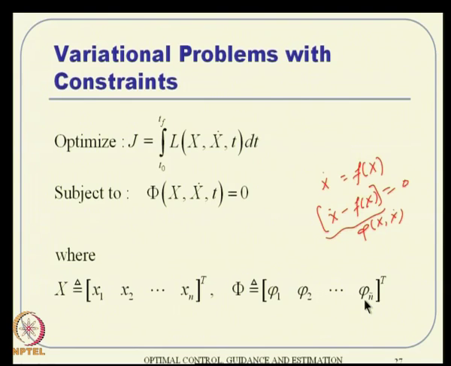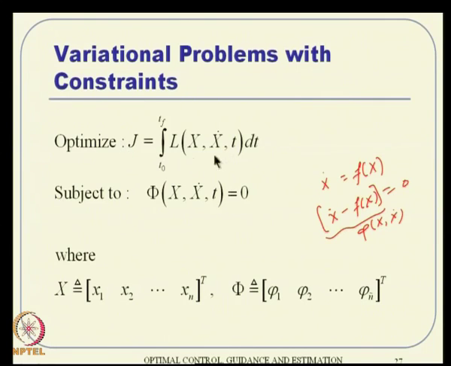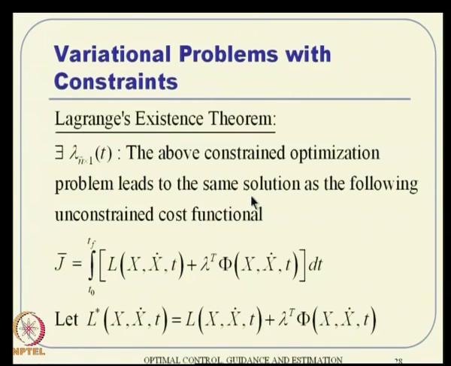But typically when you talk about a state equation, then obviously both are the same, so n tilde and n will be the same in most cases. Anyway, coming back to this, we are interested in optimizing this cost functional subject to this equality constraint. Now, how do you do that? Then I go back to Lagrange's existence theorem, and this theorem tells us that this constraint optimization problem, what you are looking at.